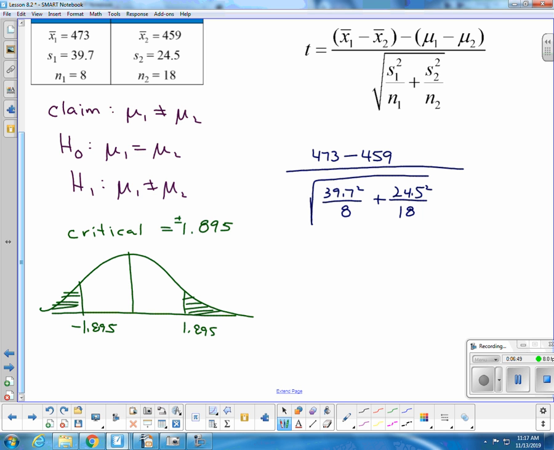So you practice putting that in your calculator. I'm going to give you the answer, but make sure you can get it. If you don't get the right answer, it doesn't work.